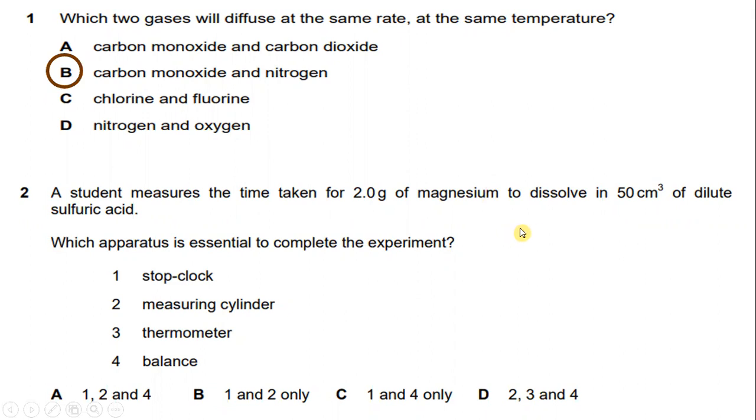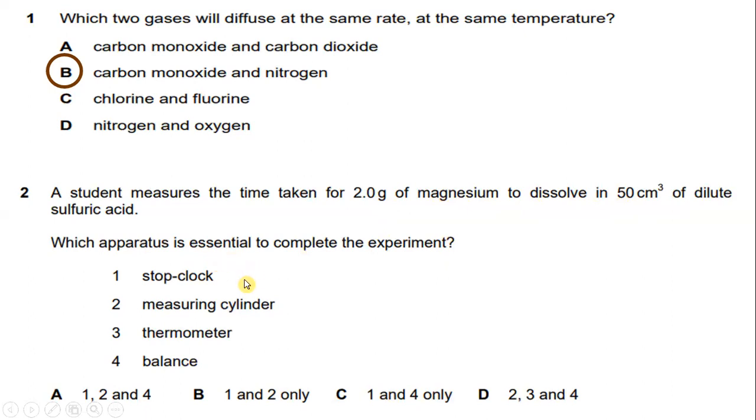Because the concern here is the time taken, when the statement mentions the time taken, you need to have a stop clock. And then 2 grams of magnesium is to dissolve in 50 cm³ of dilute sulfuric acid.